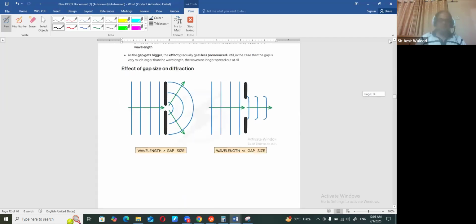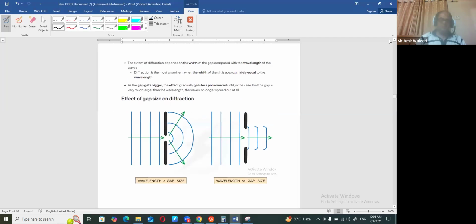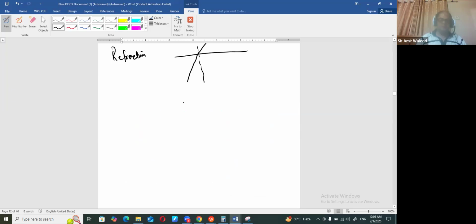Now, this is very interesting. To make you understand what diffraction is all about, we created a small slit, a small opening. Okay. And we consider a wave as parallel lines which are equally distant from each other. Right.